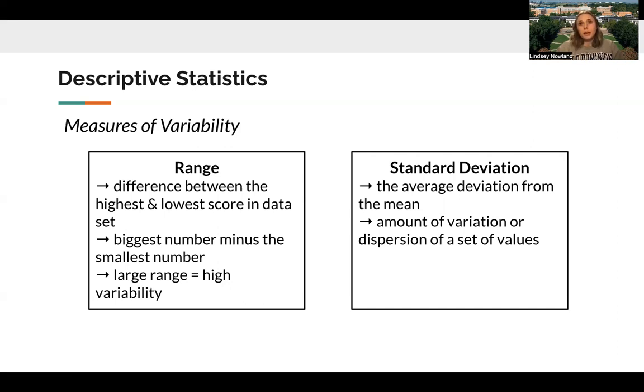So taking participants' age, for example, if the oldest participant is 70 and the youngest participant is 16, subtract 16 from 70, and there's your age range. Again, the larger the number in your range, the higher the variability. So in that case, the age of your participants would vary.